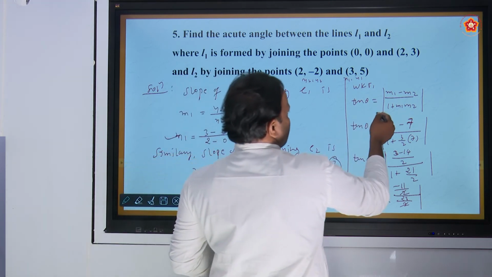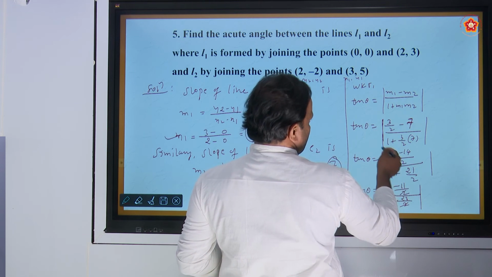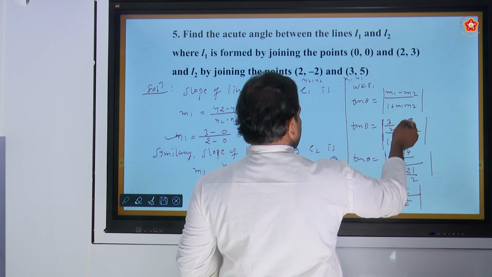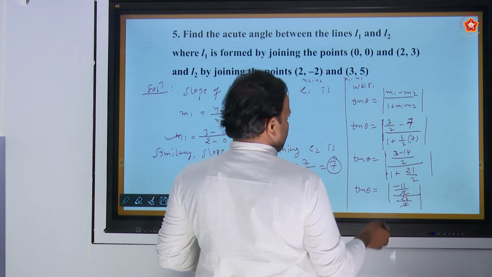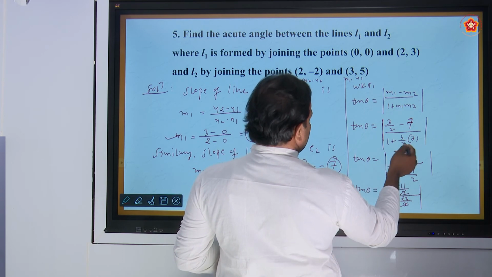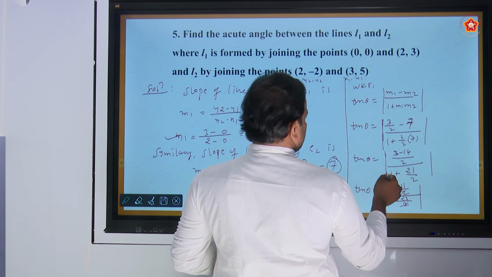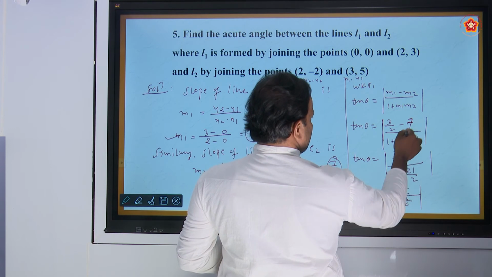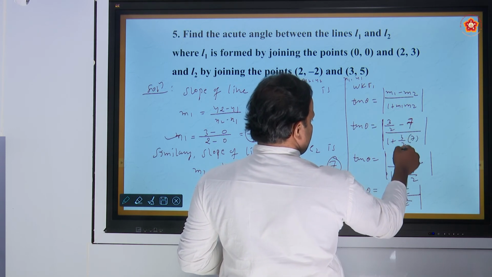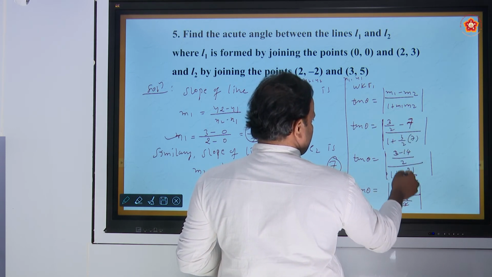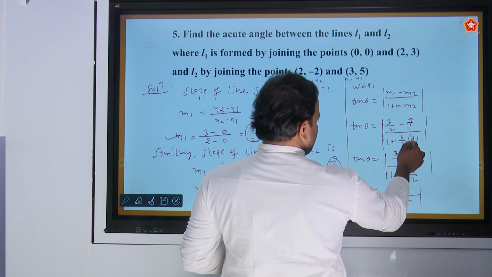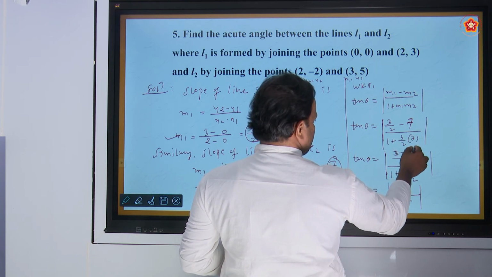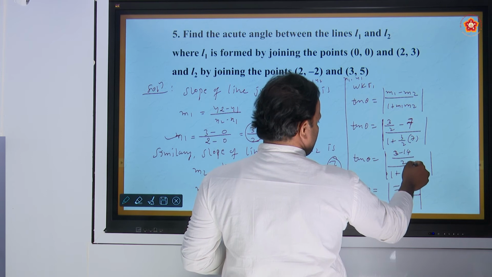Using the formula tan theta equal to M1 minus M2 divided by 1 plus M1 into M2. So M1 is 3 by 2 minus M2 which is 7. In the denominator, 1 plus M1 is 3 by 2, M2 is 7, both are positive. LCM is 2 here, 2 7s are 14, 14 minus 3 is 11, here 11, and 2 7s are 14, 3 7s are 21 by 2.